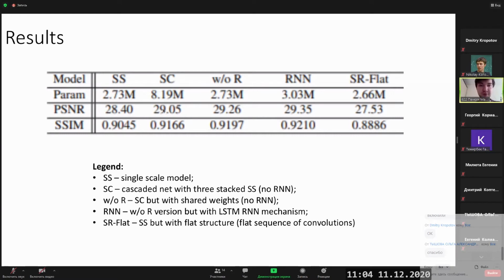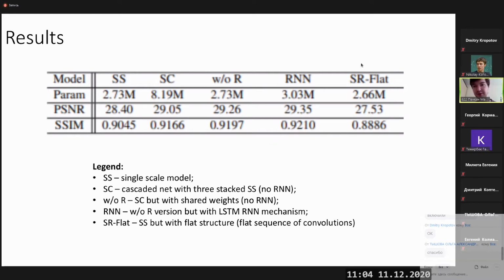It improves, of course, the performance in terms of the PSNR metric, but we can improve the performance more if we introduce sharing weights. So just using sharing weights helps here. Further, they add the recurrent mechanism here to the cascade of 3 U-nets, and the performance improves even more.